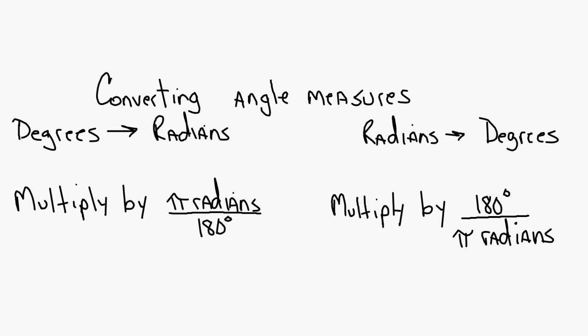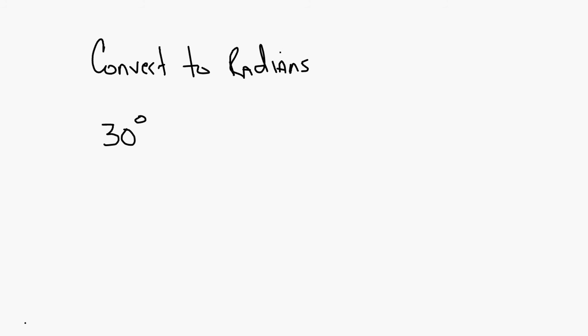So look at the top of page 817. Convert to radians. You're going to convert to radians and you get 30 degrees. What do you multiply it by? 180 degrees over pi radians.